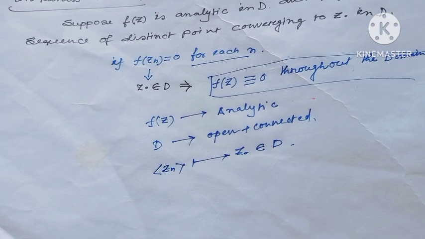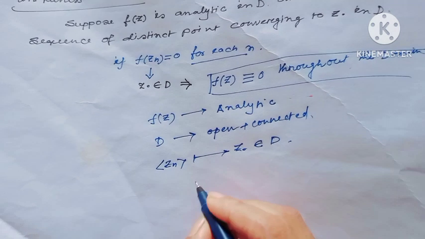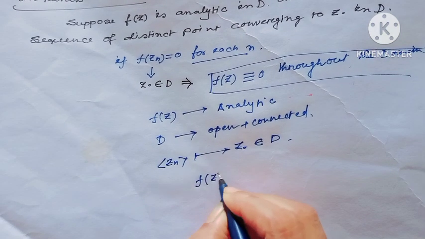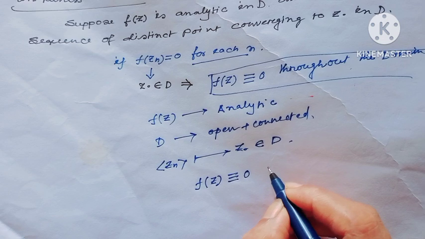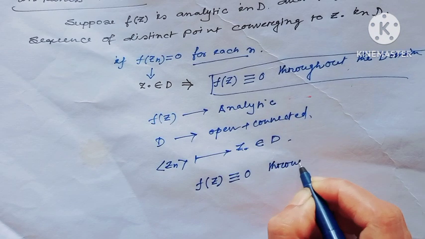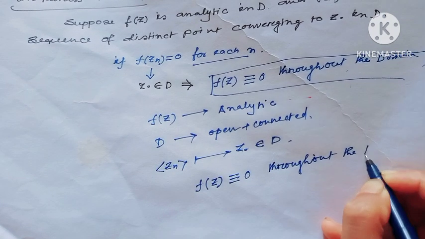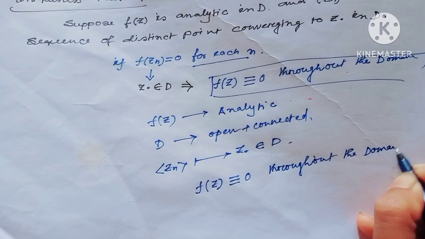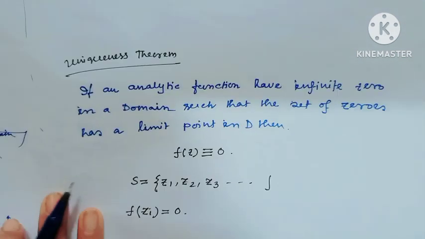Then by identity theorem or uniqueness theorem, we can tell f(z) is identically 0 throughout the domain D. Okay? That is this approach of uniqueness theorem.